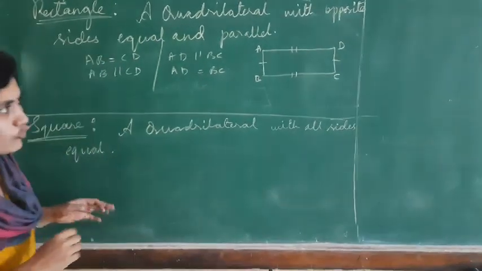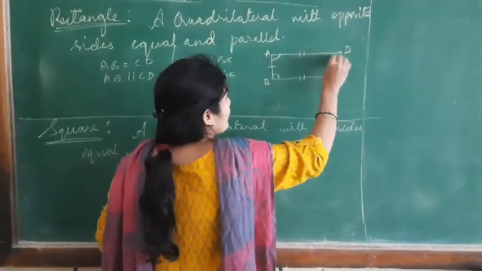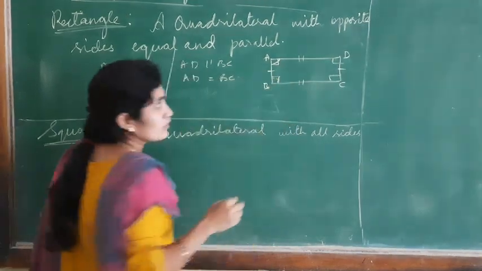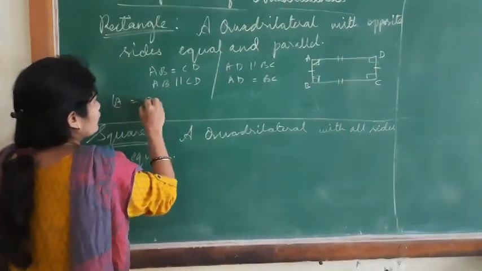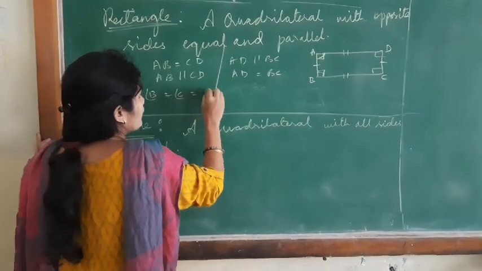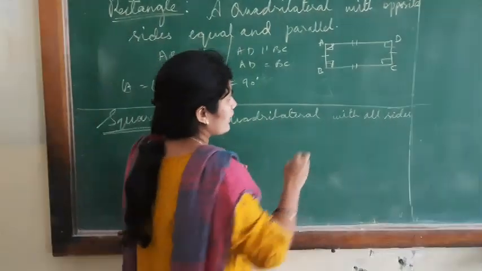And here we have four angles A, B, C, D. All are 90 degrees. All the angles of a rectangle are 90 degrees. Angle A equal to B equal to C equal to D is equal to 90 degrees. And here we have two diagonals.